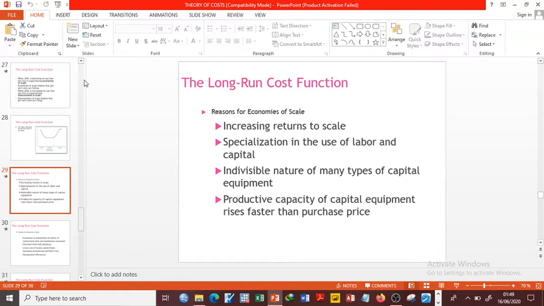So if the equipment is very productive, then this will increase output and it will reduce the costs that would have been incurred on repairing this particular equipment.